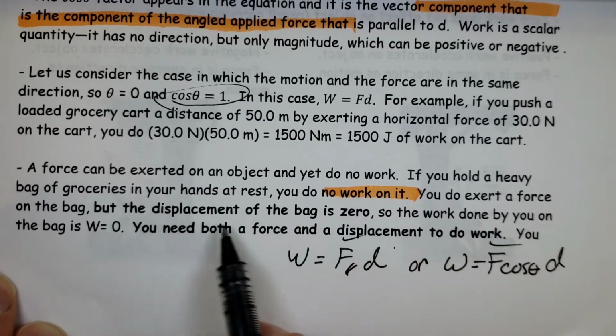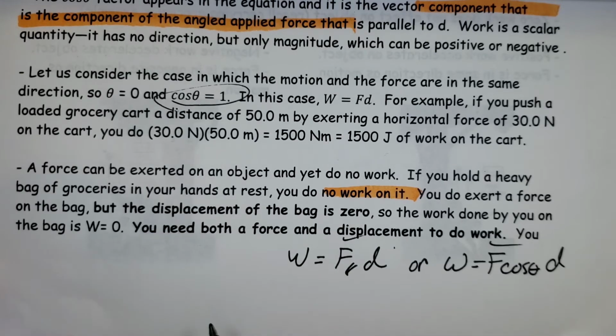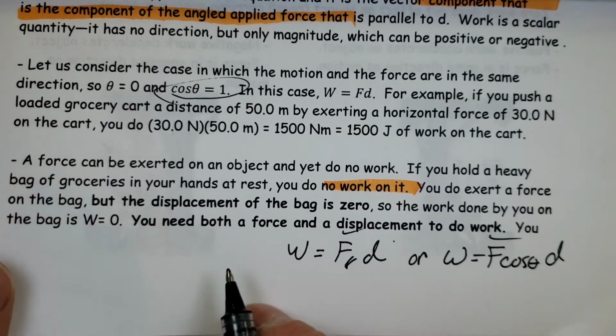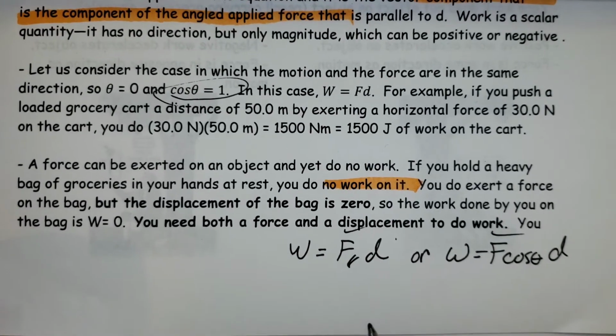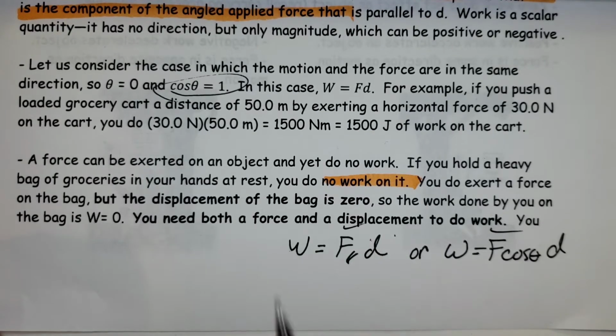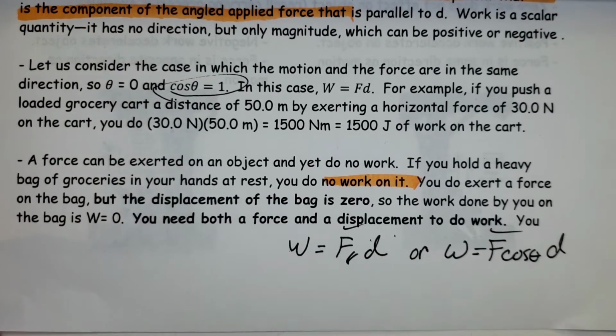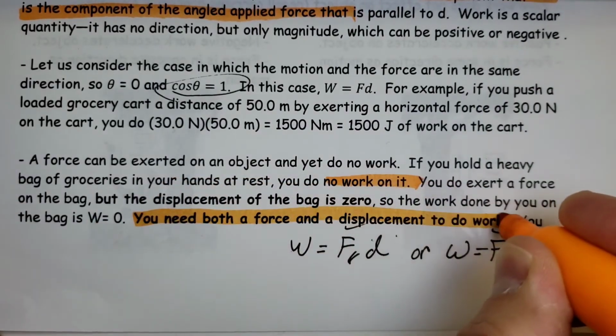You do force, but the displacement is 0, therefore the work is 0. Even though in the everyday sense it seems like we are doing work holding something up, in the physics sense, lifting something up to a maximum height requires work, but holding it there is technically no work being done. Because in order to do work in the physics sense, you need a force and a displacement.